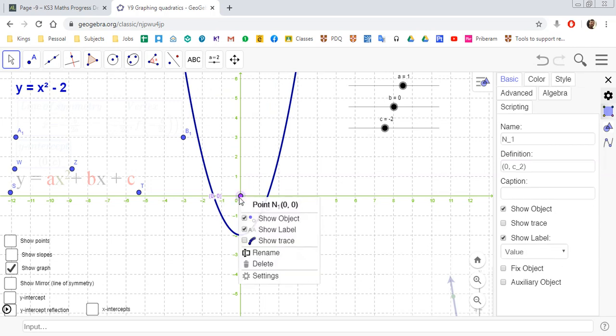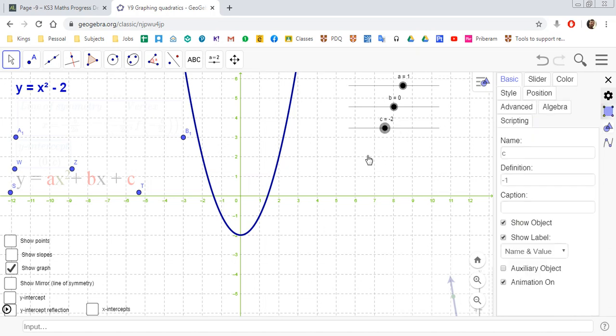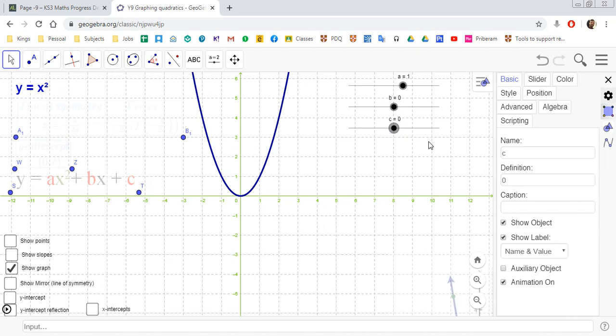And as you can see, if we subtract numbers, we're going to displace the parabola down. And if we add numbers, we're going to move or displace the parabola up. So that's the effect of adding or subtracting numbers from the quadratic term.